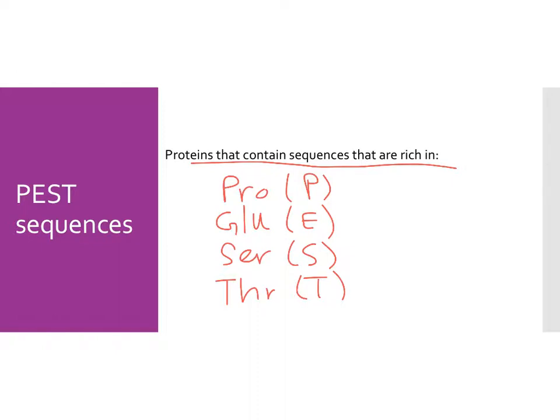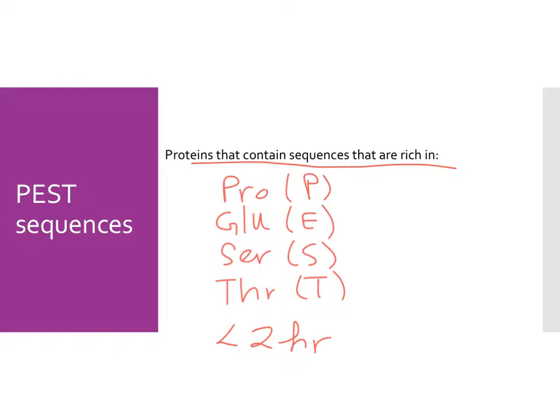So proteins that contain sequences rich in proline, glutamic acid, serine, or threonine tend to have half-lives that are less than 2 hours. Okay, so those are two things that determine a protein's half-life.